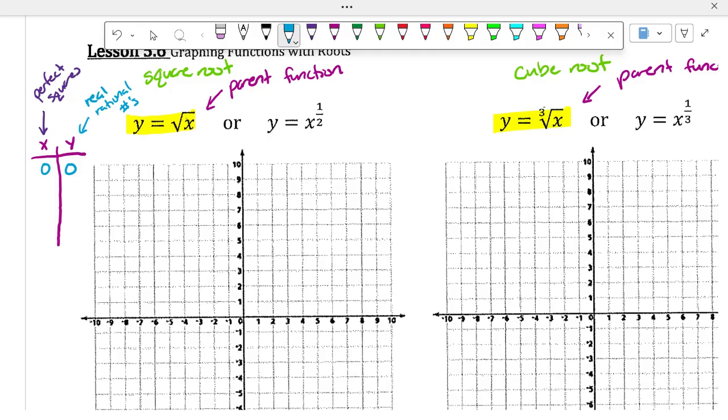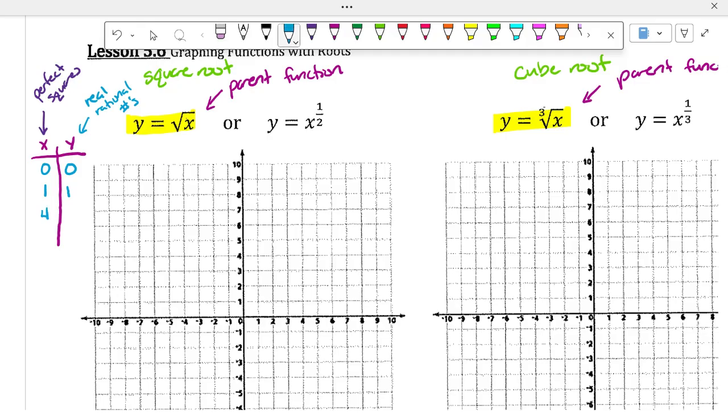So what's the next perfect square that I can do for x? What's the next perfect square I can do after 0? The next one up. 1. Square root of 1? 1. What's the next perfect square I can do? Nope. 4. 2 is not a perfect square. 4 is.